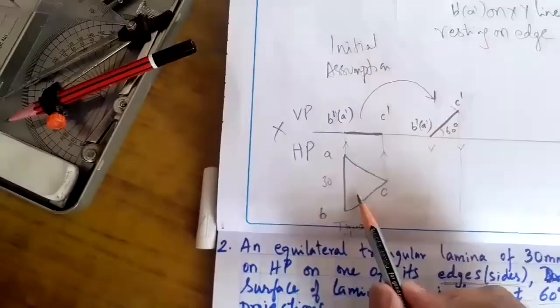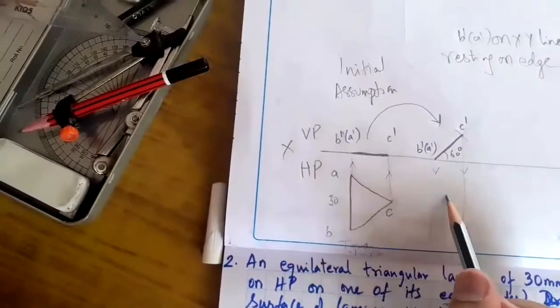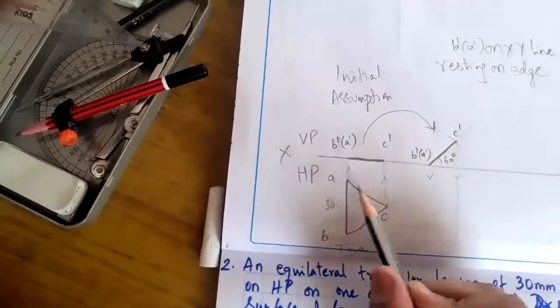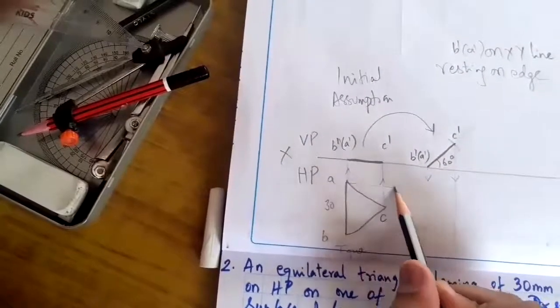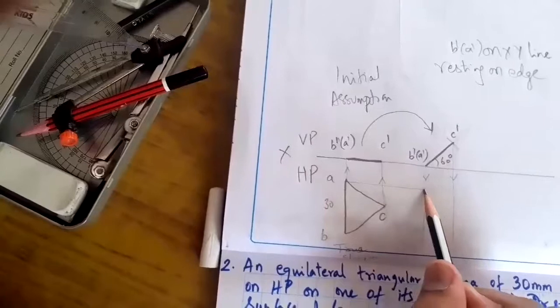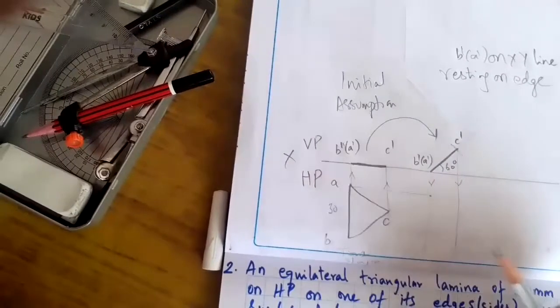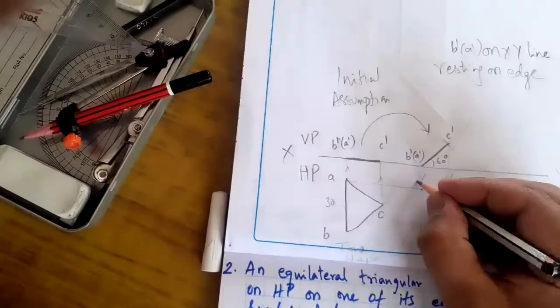From A, I am going to draw a line towards this top view. Where it meets the A dash projector, I will identify a location. It is meeting somewhere here. So I name this as A and draw an arrow mark here to say the process.